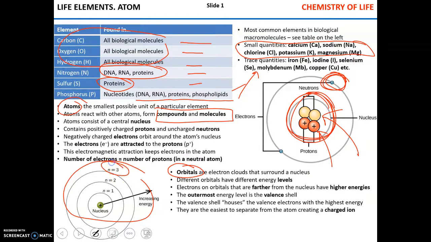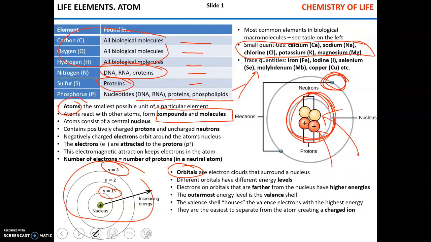So orbital number 3 will have higher energy than orbital number 1. The electrons that are farther from the nucleus will have higher energy levels.